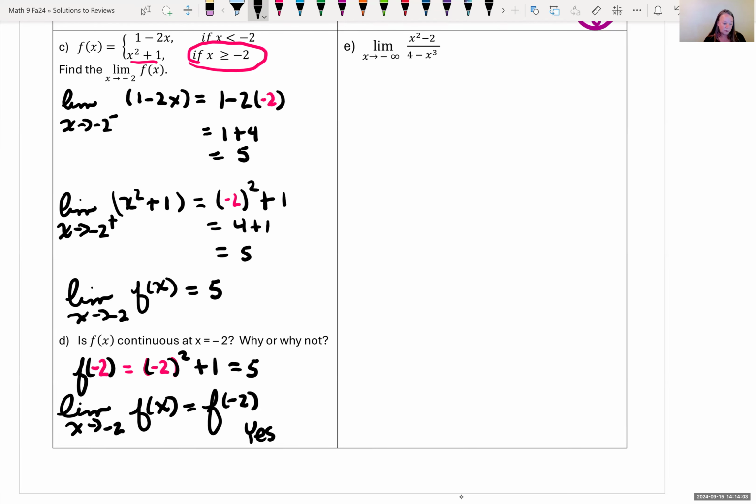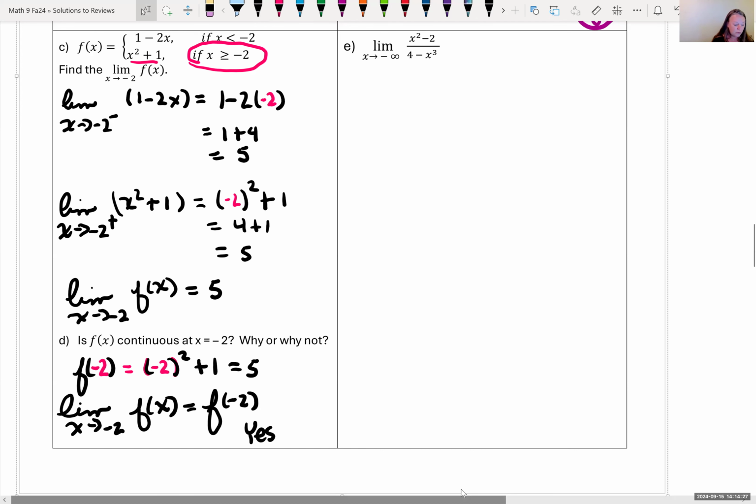Our next example, we're looking at a limit as x is approaching negative infinity of x squared minus 2 all over 4 minus x cubed. So recall when we're looking at a limit as x is approaching positive or negative infinity of a rational function, we look at the variable in our denominator to the highest power, in this case an x cubed.